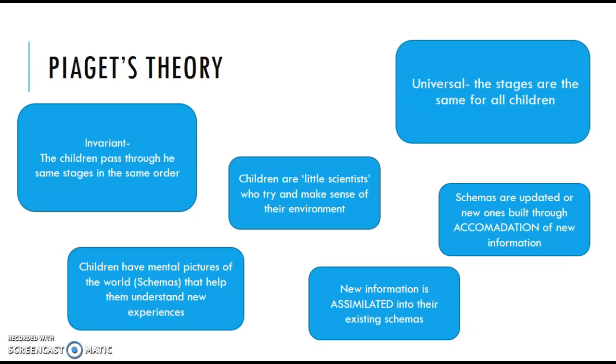And we need to use the knowledge we gain along the way to update those schemas. Now if we add information into those schemas that we already have, that's called assimilation. If we need to update the schema or build a new schema because of new information that we've come across, that's called accommodation. Now there are quite a few key terms in this theory that you need to try and get your head around. So you need to make sure that you are keeping up to date with your key term glossary or your flashcards as you go along.